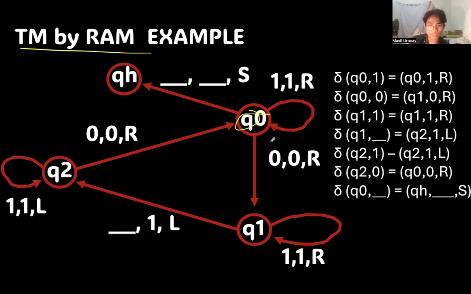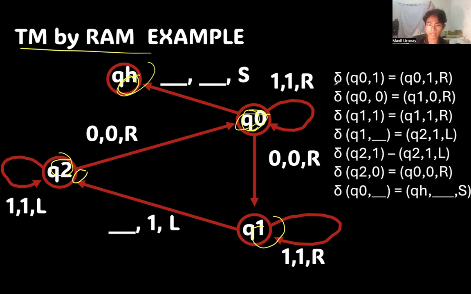So our states here will be the Q0, which is our initial state, and our Q1, Q2, and QH. Our QH right there is our halting state, and our Q2 is our separator, and the Q1 as well. So here, let me discuss that one.